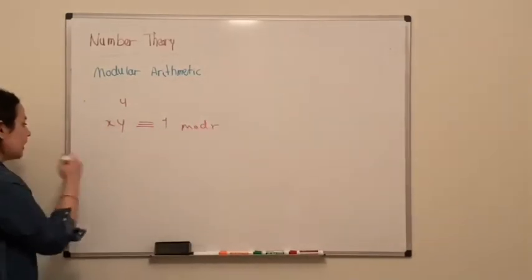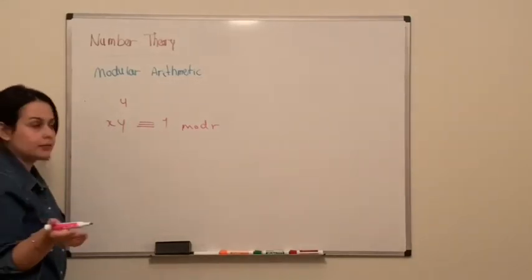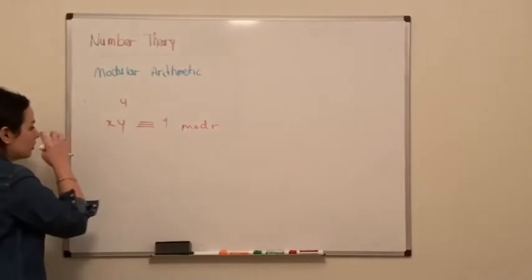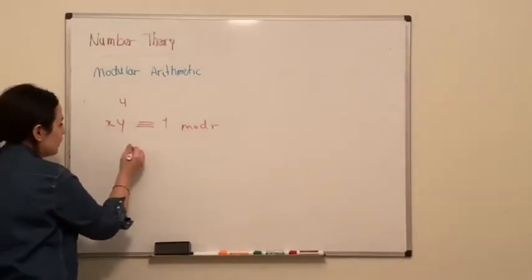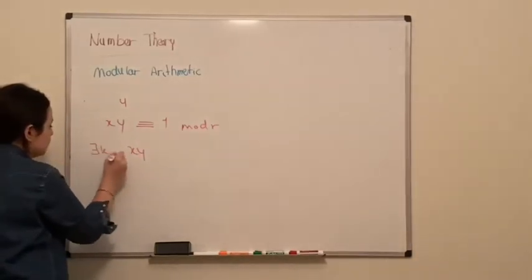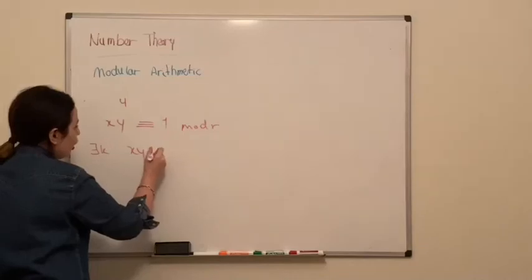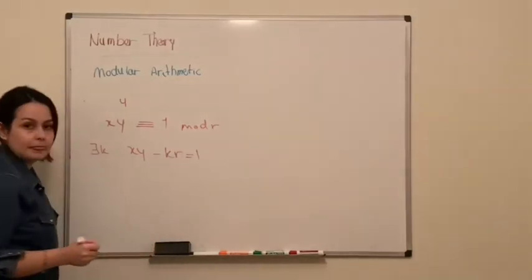So if I want to use the definition of mod and congruence classes, I can say that there exists k such that xy minus kr is equal to 1.